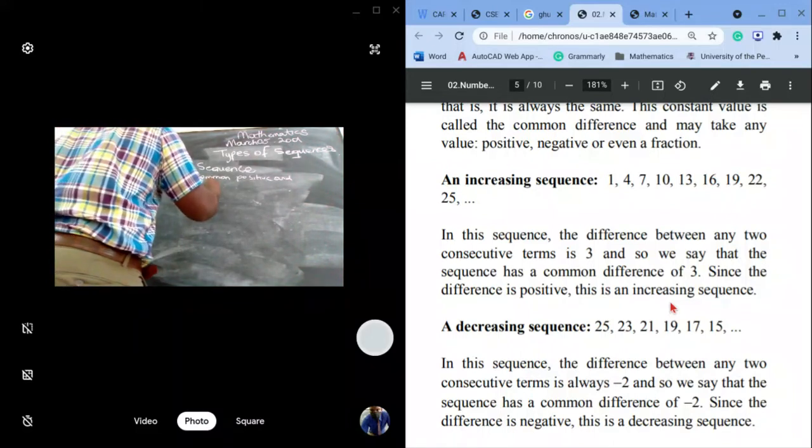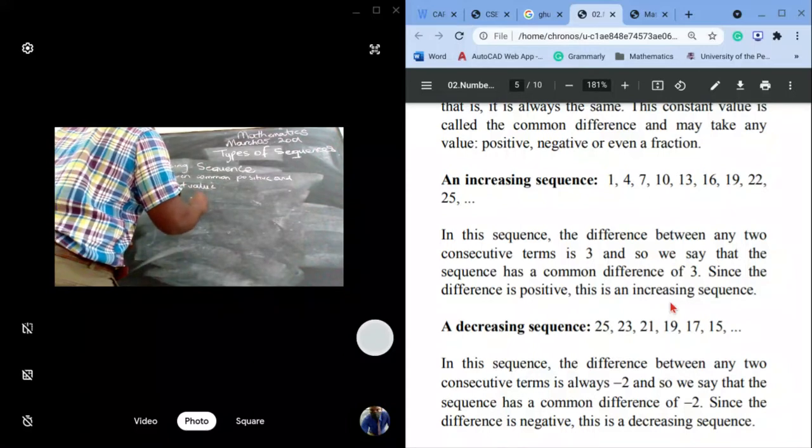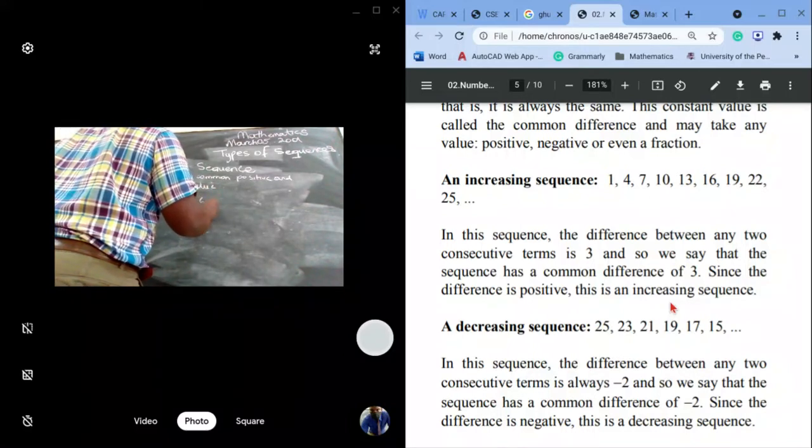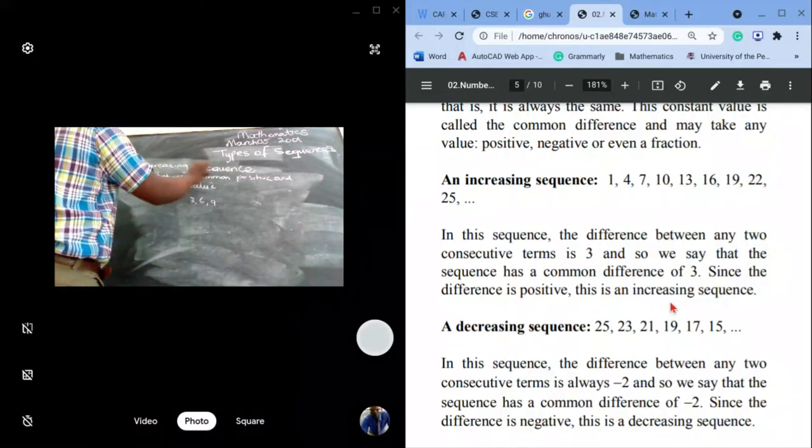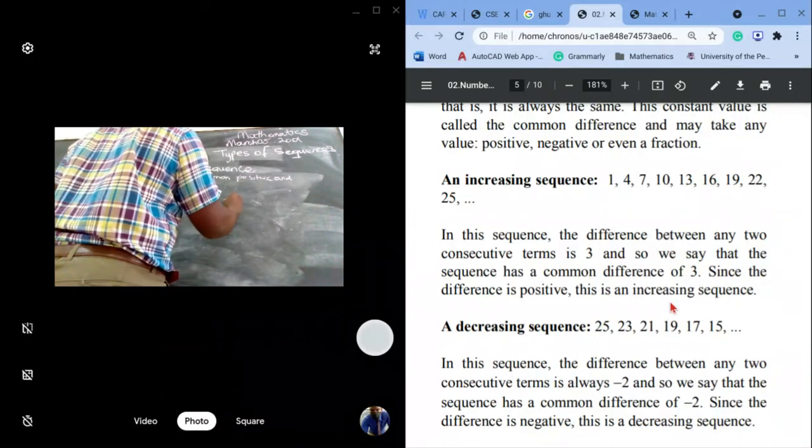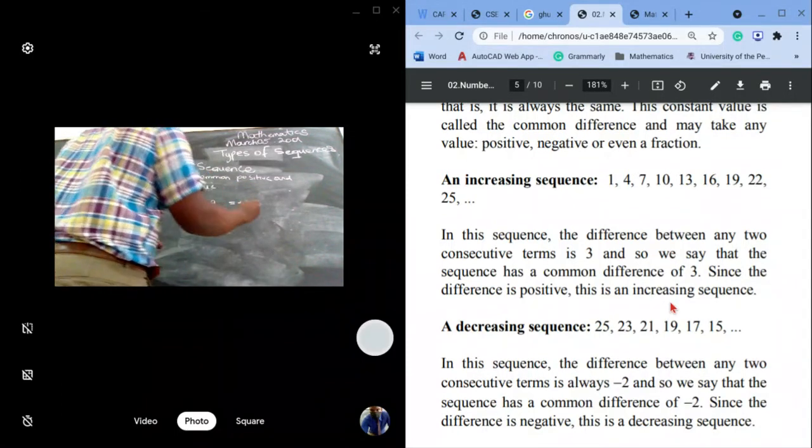For example, 3, 6, 9, the increasing sequence term is going to be +3.